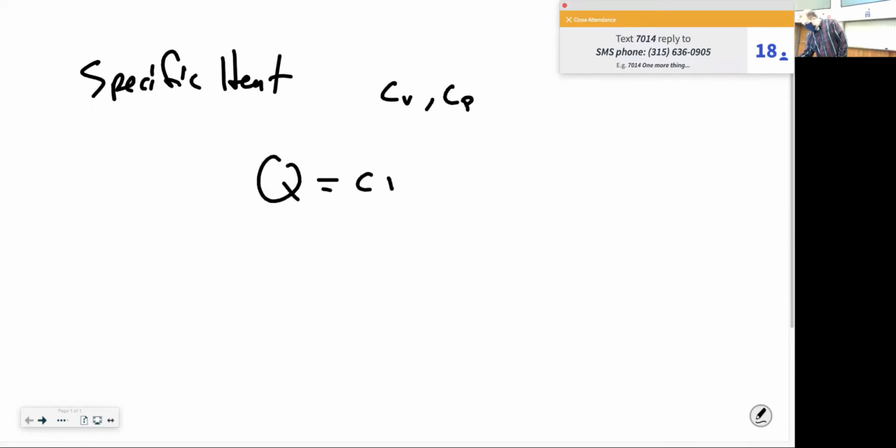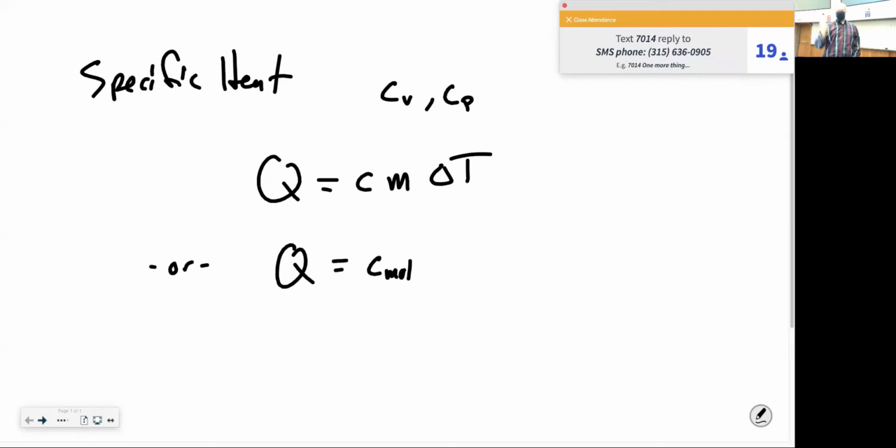Q equals C m delta T. That's the mass version. If you like moles better, and I'm guessing not many people in this room do, I'm certainly not one of them, you could have the C mole, the molar version of that specific heat, times n, which is the number of moles, times delta T. So just how you want to break that down and count what you've got, in kilograms or in moles.